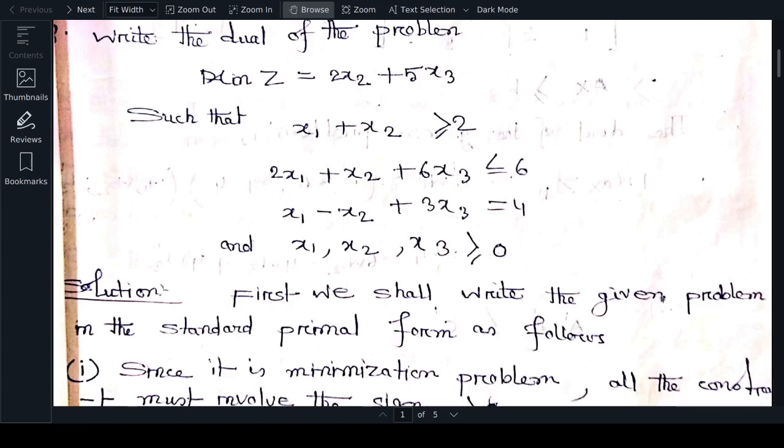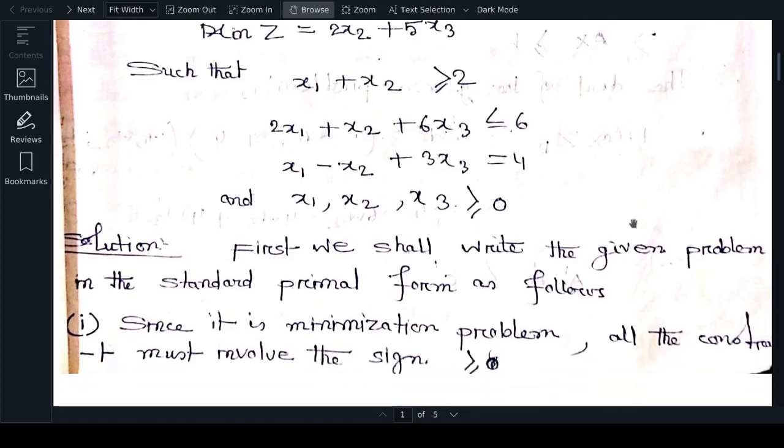Then you see, next we multiply the second constraint by -1. In the second page you see, multiply the second constraint by -1. Then the second constraint will be minus 2x1 minus x2 minus 6x3 greater than or equal to minus 6.